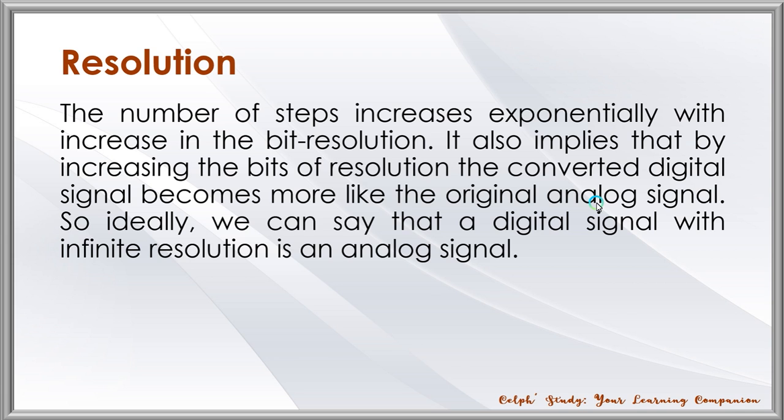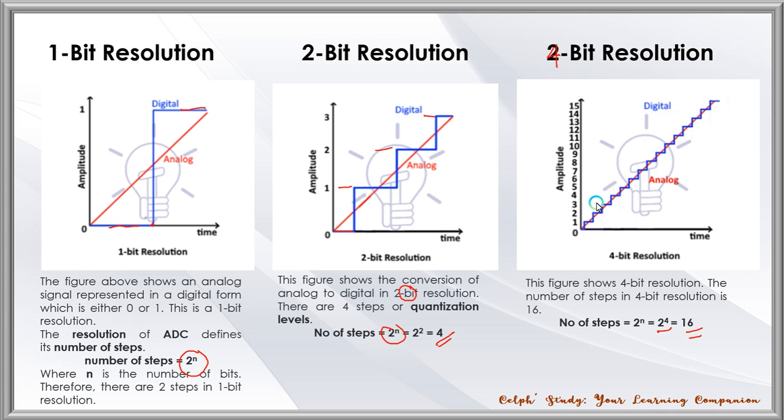So the number of steps increases exponentially with increase in the bit resolution. It also implies that by increasing the bits of resolution, the converted digital signal becomes more like the original analog signal. Okay, so take note na samtang ginapadamo natin ang value, makuha niya gid ang original na signal, especially for example if curve ang signal.